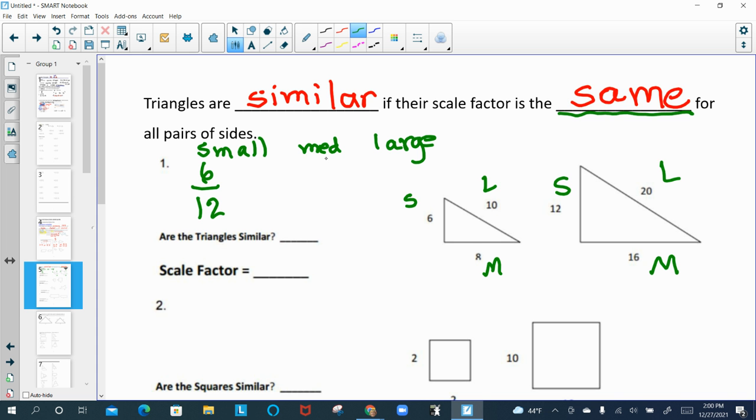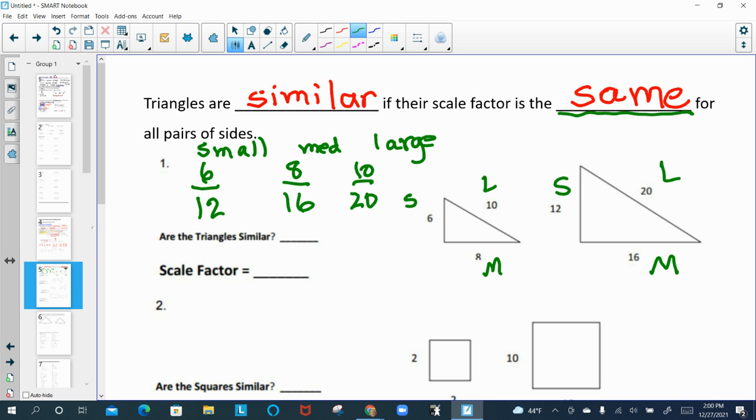Now I'm going to do the medium one. I'm going to go to the medium of the small triangle, and then the medium of the big triangle. And then I'm going to get the large of the small triangle, the large of the big triangle.